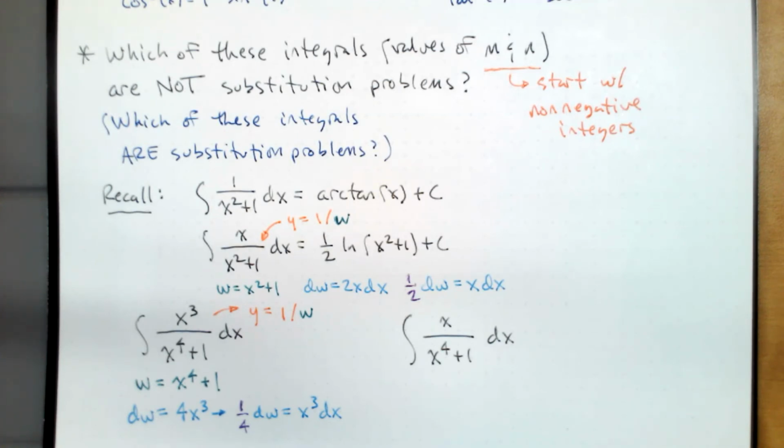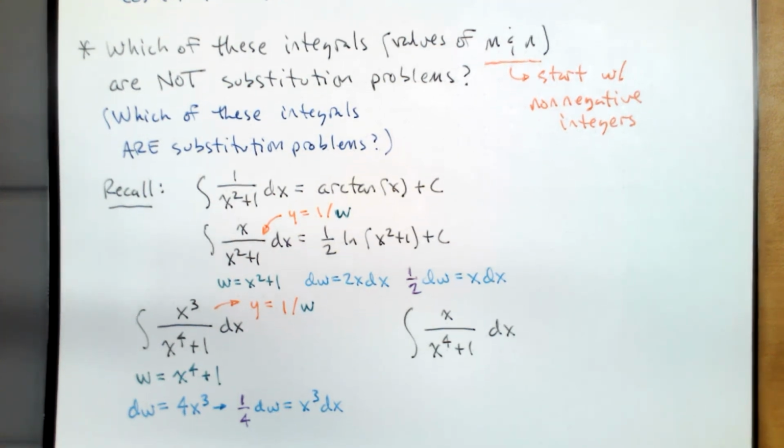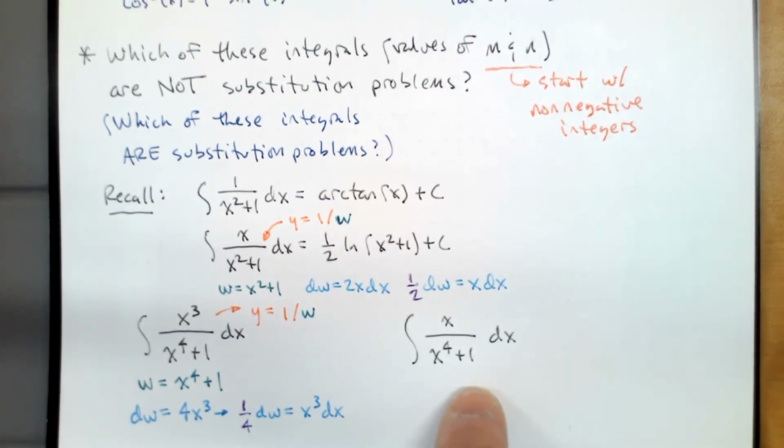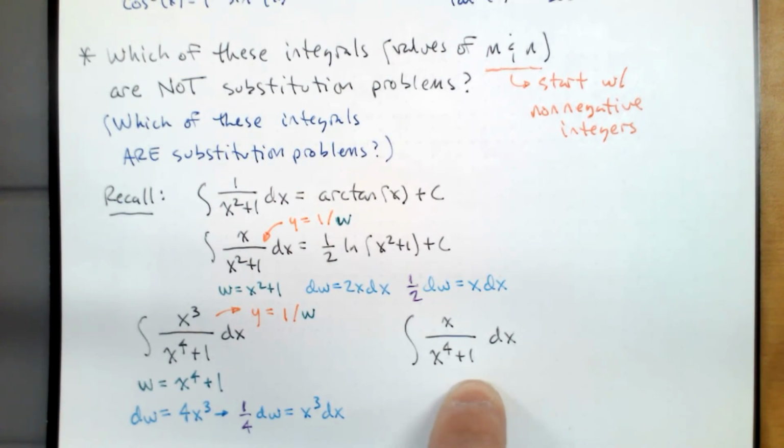When we're looking at cosine to the 5th, we didn't start by looking at what the substitution should be. What should W be? We said, what can be the DW? That's what was driving the decision. What's my DW? So with that in mind, can anybody think of a substitution that we could do on this x over x to the 4th plus 1?